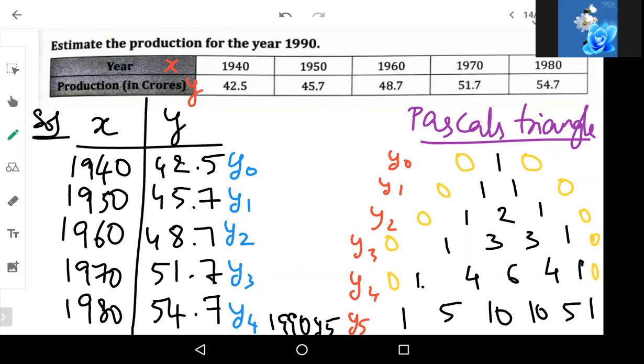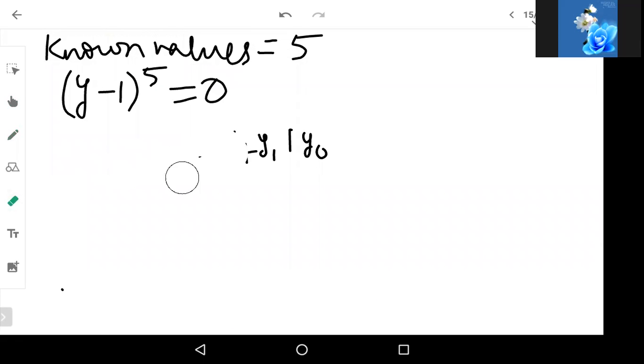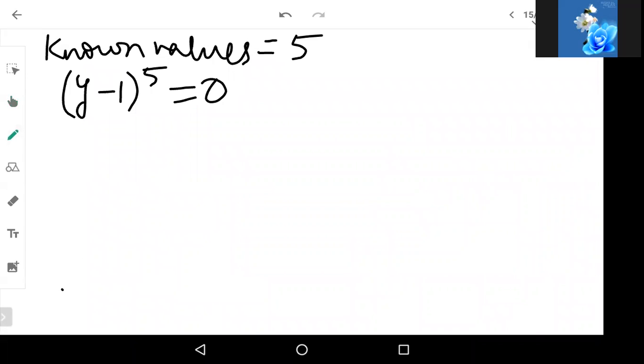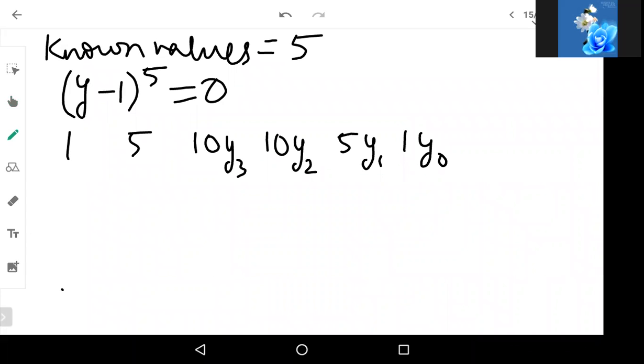Now, it is not these coefficients, but you are supposed to consider this one: 1, 5, 10, 10, 5, 1. Now write y0, y1, y2, y3, y4, y5.